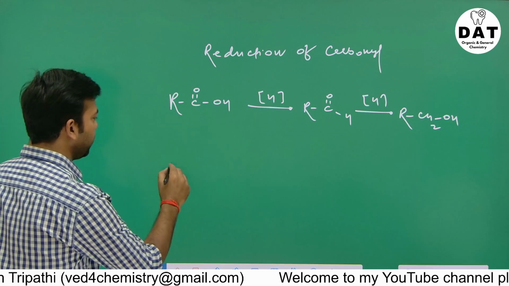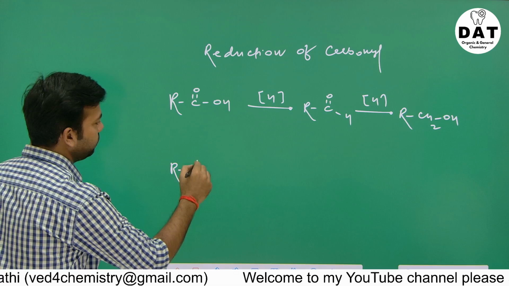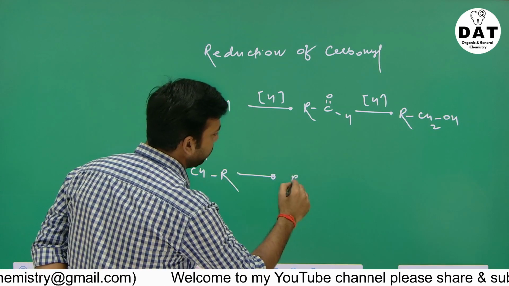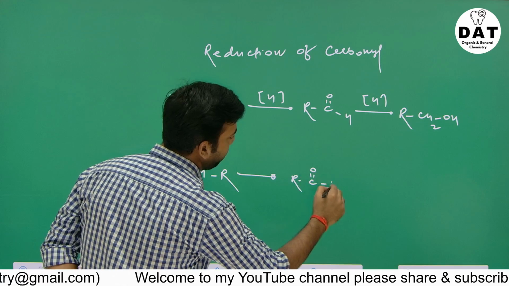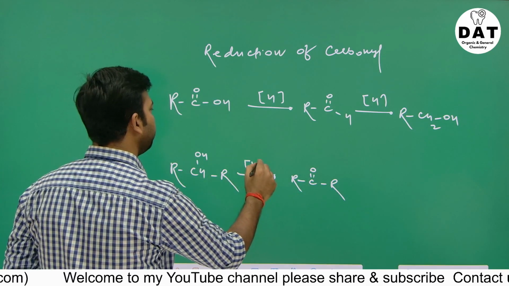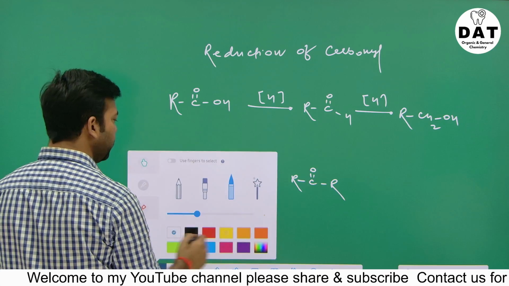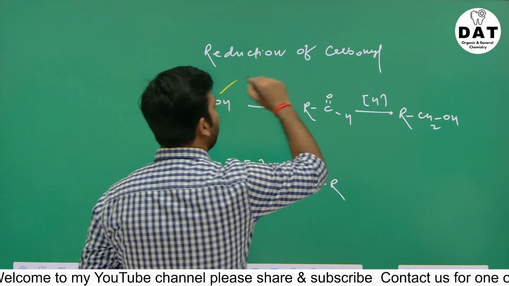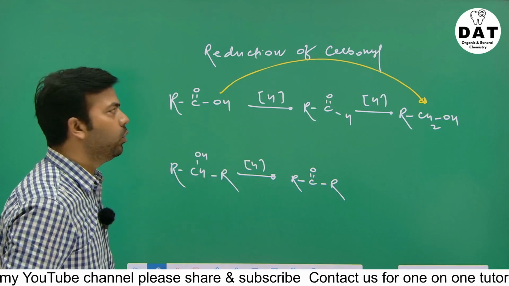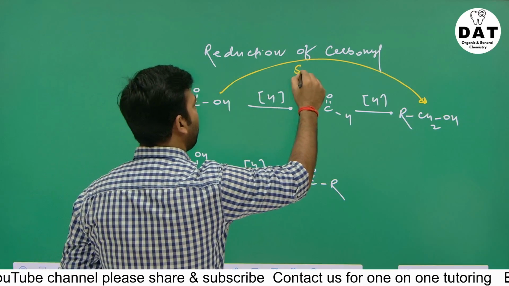And if you have a secondary alcohol, it can give you ketone, clear? This is the reduction. And if you are going to use a strong reducing agent, it can convert carboxylic acid into primary alcohol directly, and that is a strong reducing agent.